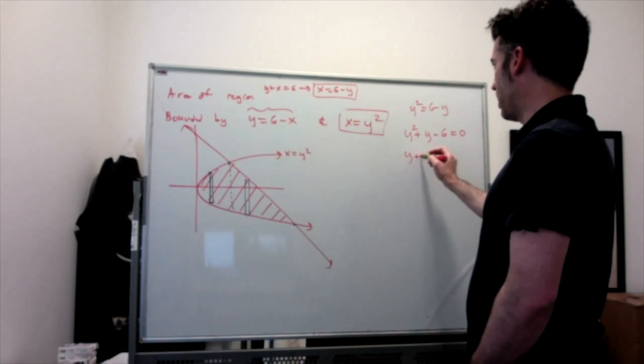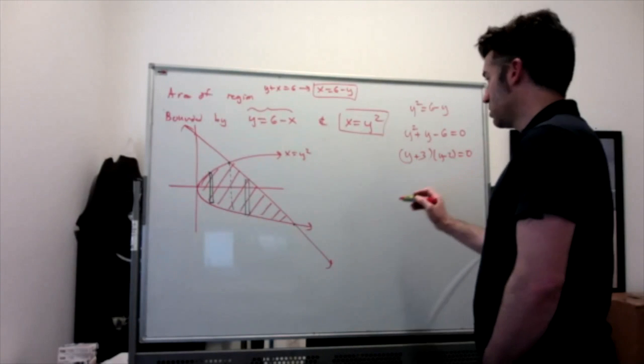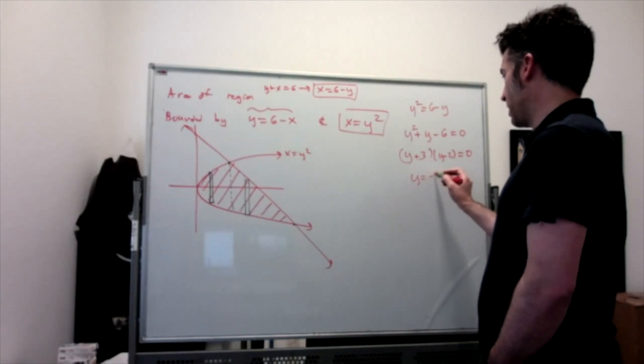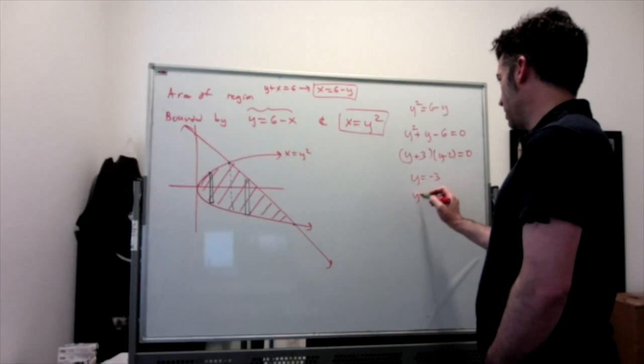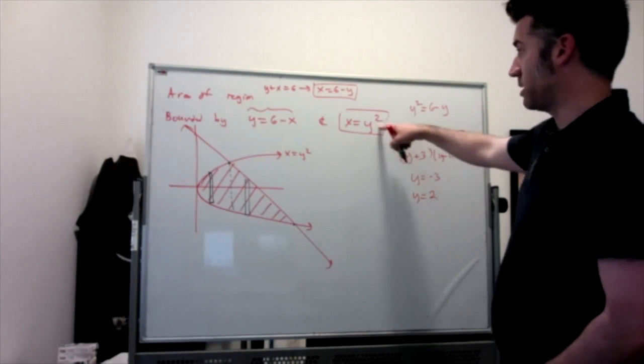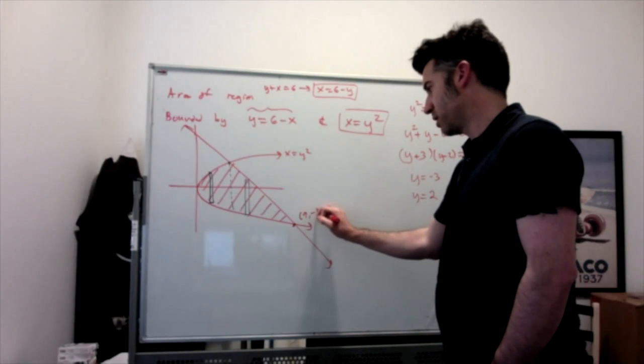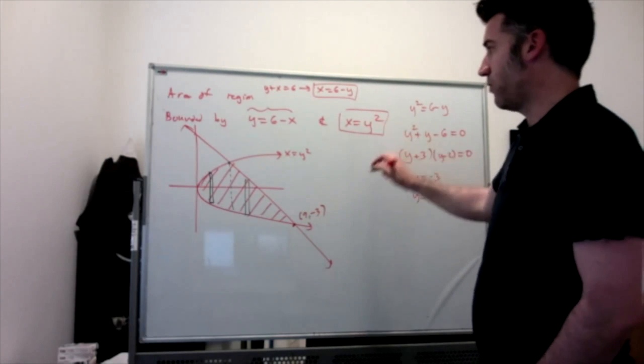This factors as y plus 3 times y minus 2. So you get y equal to negative 3 and y equal to positive 2. If y equals negative 3, x equals 9. So that's this point right here. If y equals 2, x equals 4.